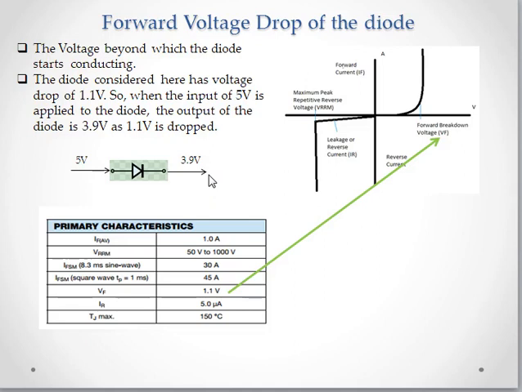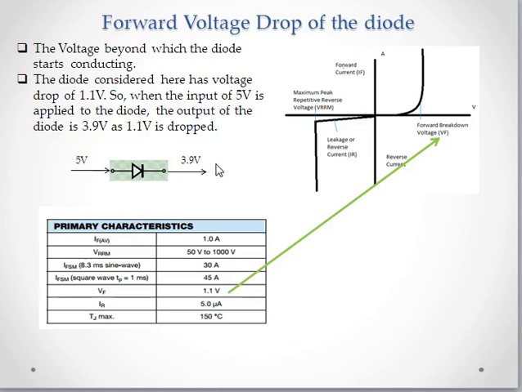And if you take it in a reverse way, the reverse breakdown occurs at 50 volts for this diode, as discussed previously. Now let us assume I am applying only 5 volts at the reverse side here. The output should be 0 and ideally the current should be 0.